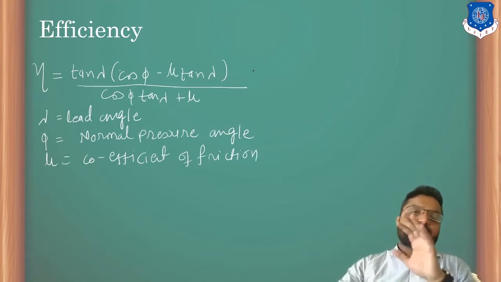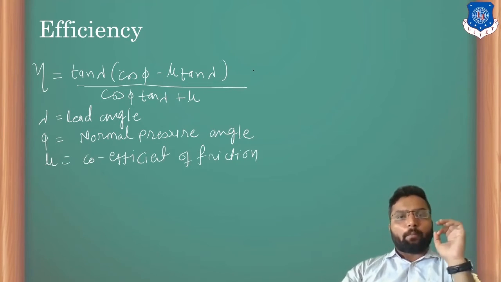So this is the equation to find the efficiency of your worm and worm wheel.